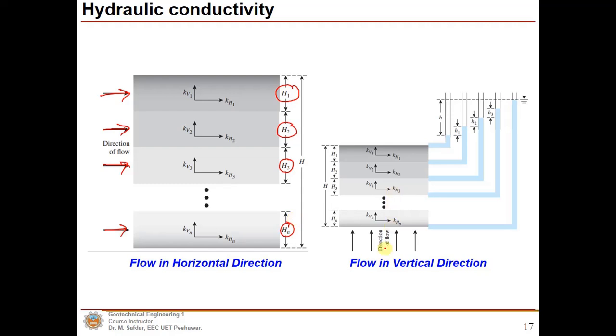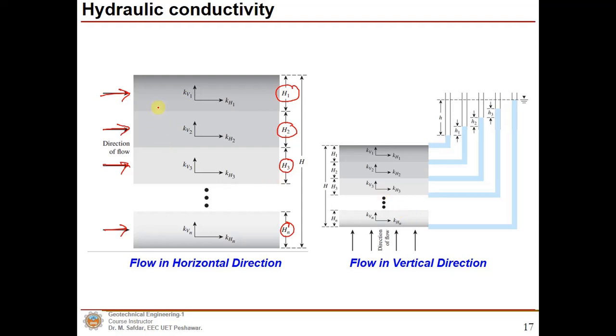We can also find out Kh2 or Kv1, Kv2, Kv3 if we place standpipes at particular levels.